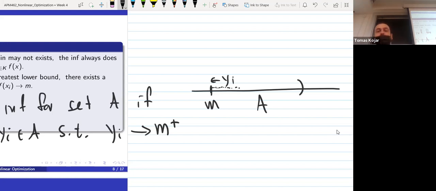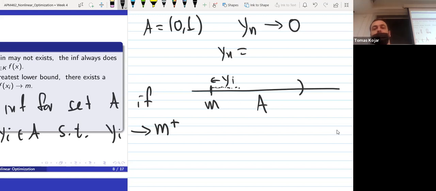So let me do a stupid example. Take A to be open 0, 1. Can someone tell me a sequence of yn that go to 0? Yeah. Okay. 0 is not in A, but you can always find some sequence going to the infimum.